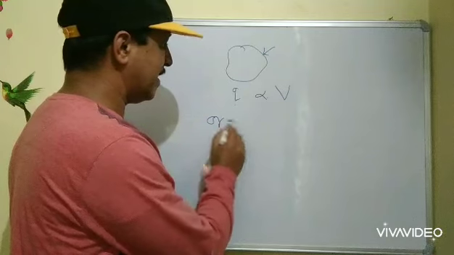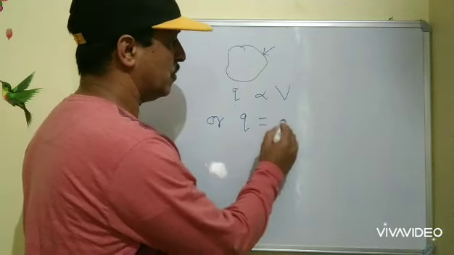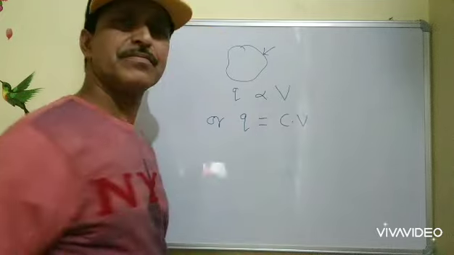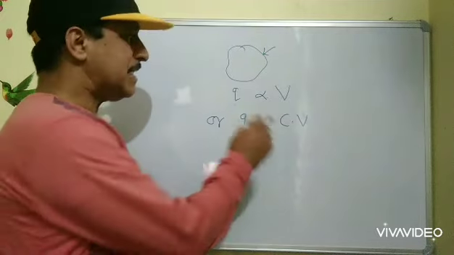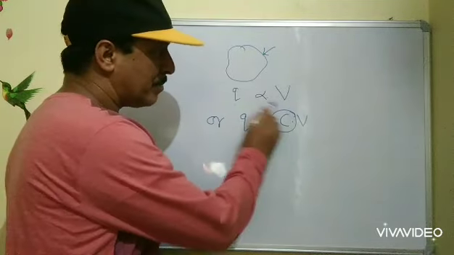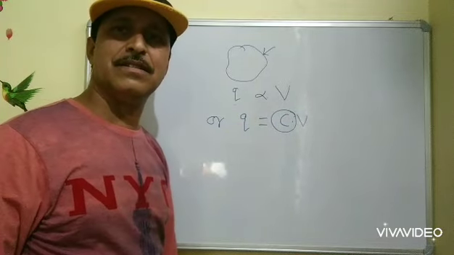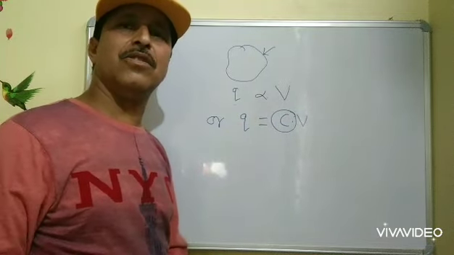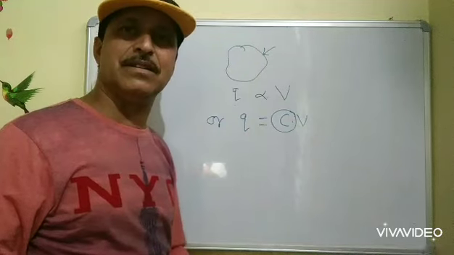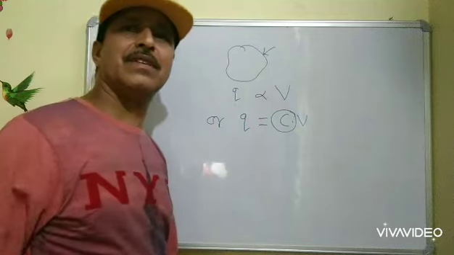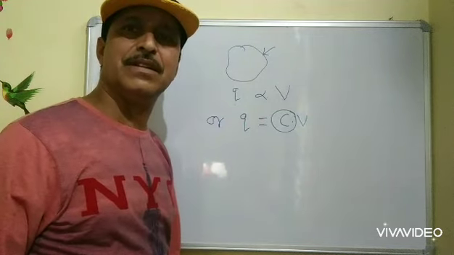Or we can say Q is equal to a constant C into V, where C is a constant for the given conductor. It is not a universal constant. It depends on the geometry of the given conductor and is known as the capacitance of the given conductor.